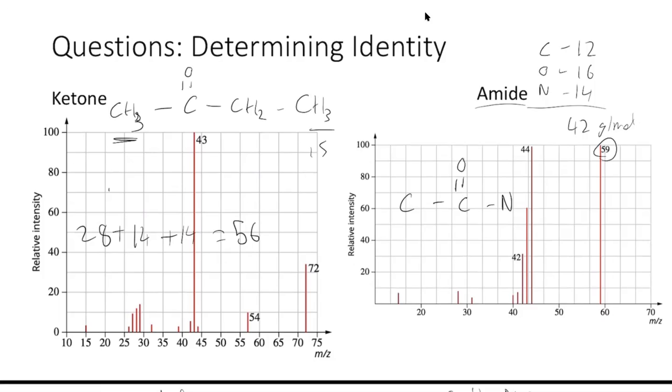That's too many carbons, so now I only need to add hydrogens. I'll just add them in here. So now I know my molecular formula must be C2H5NO. Then you can check if the molar mass matches. It should. And that's how you know that you've got the correct answer.